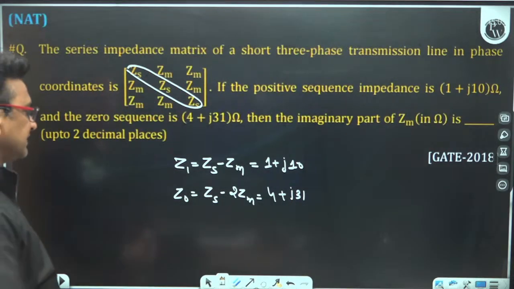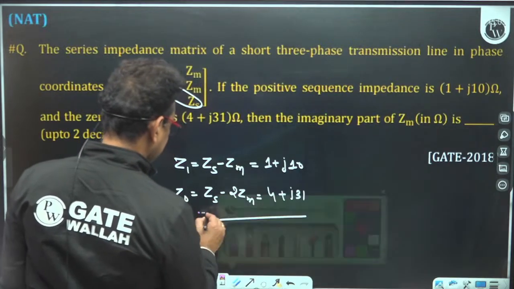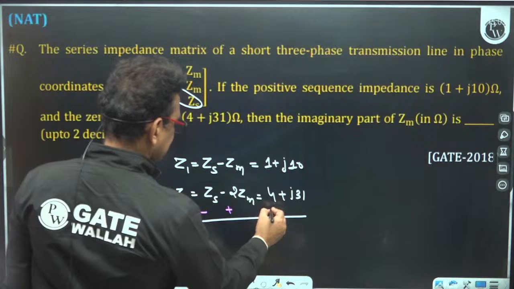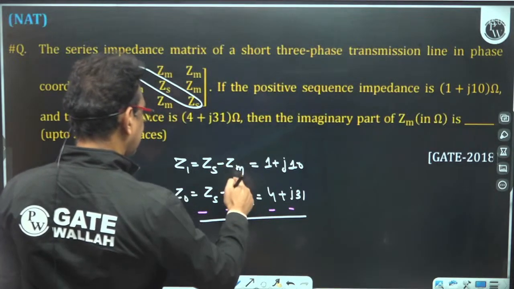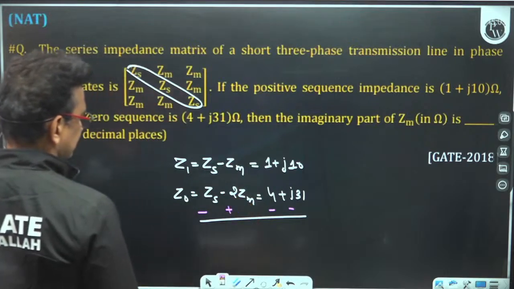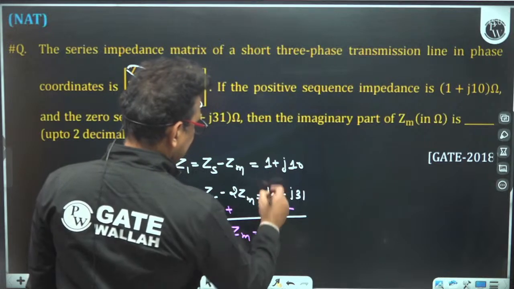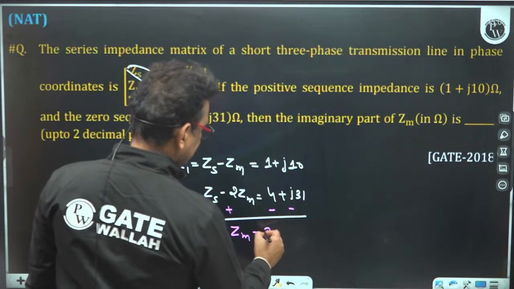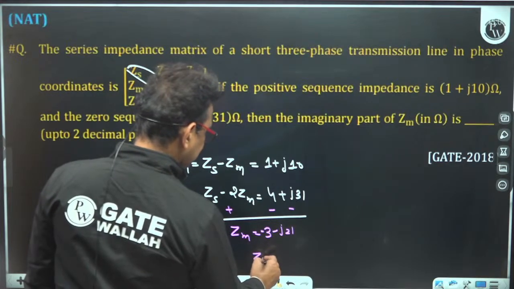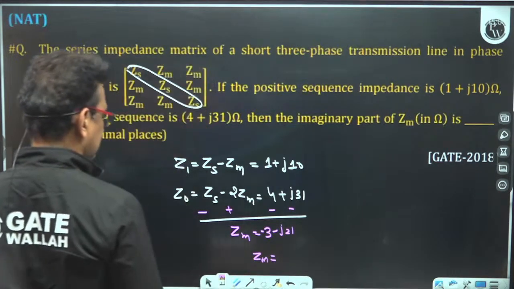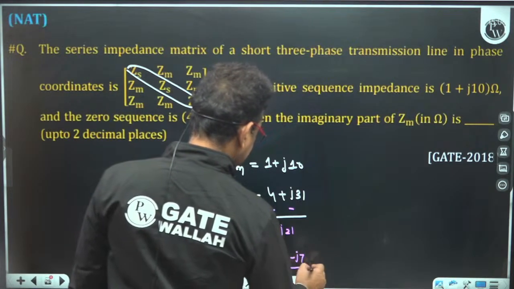We have to find the Zm. So if I subtract Zs0 minus Zs1, it becomes plus 3 Zm, that is 3 plus J21.